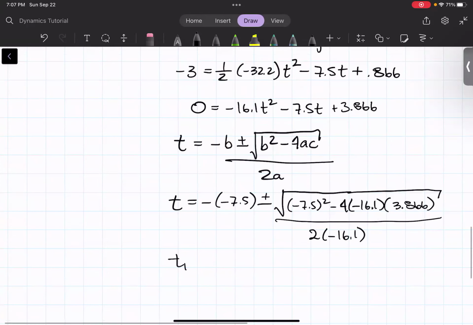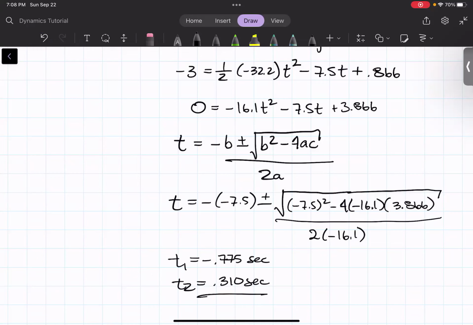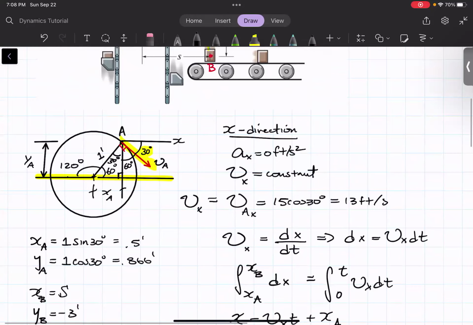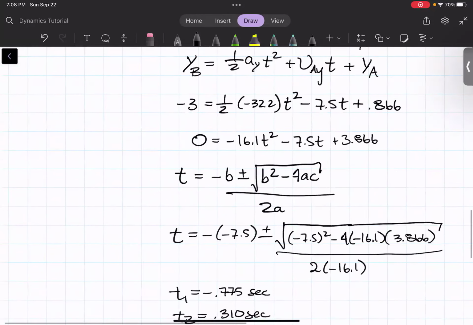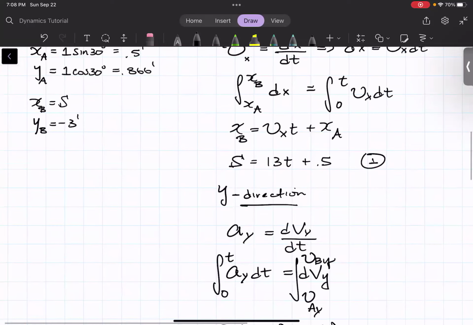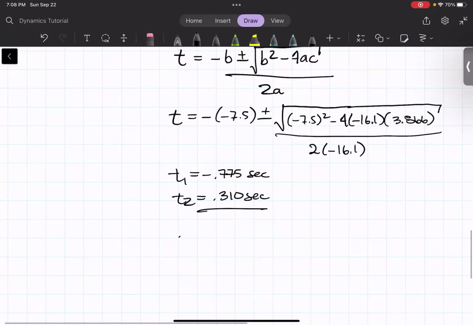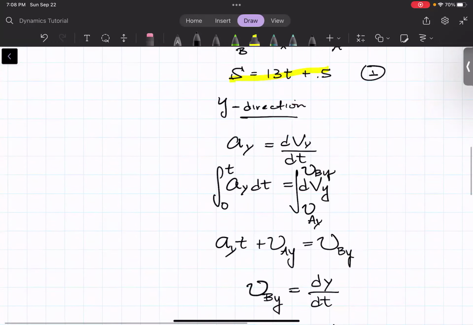So we get T1 negative, and then we get 0.310 positive. We pick the positive root. So that essentially tells us the time for the box to go from A to B. So we'll use that same time in this equation to solve for S. So S is 13t plus half.